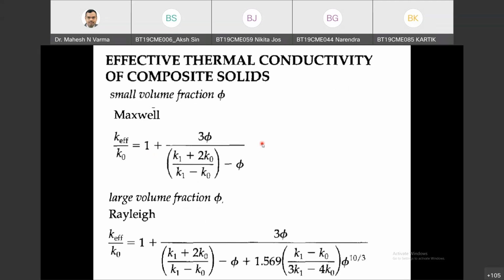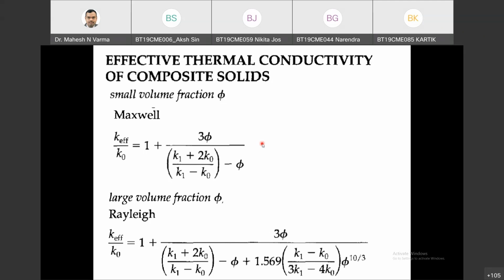This is again the Maxwell equation, for when we have thermal conductivity of composite solids, a mixture of solids, and the volume fraction is given. For a small volume fraction, the Maxwell equation can be used. For a large volume fraction, the Rayleigh equation can be used.